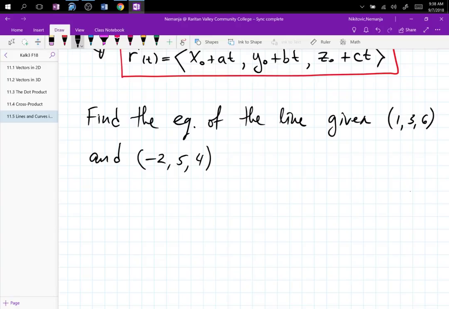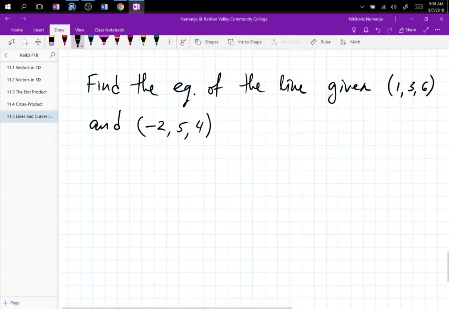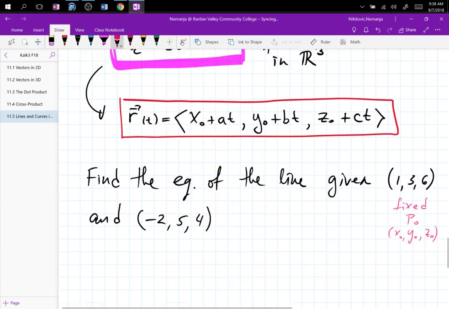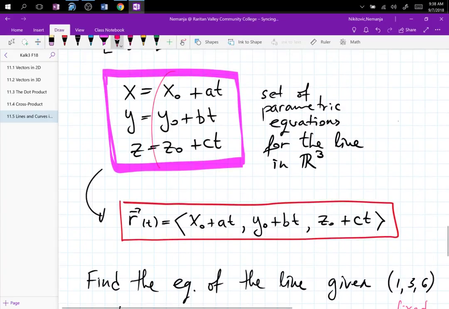You are given 2 points in space, and you will pick one of these 2 points to be your fixed point. So let's say fixed right there. Now if that's fixed, that's immediately your P0, which is x0, y0, z0, and that's the one, guys, that shows up in your equation.